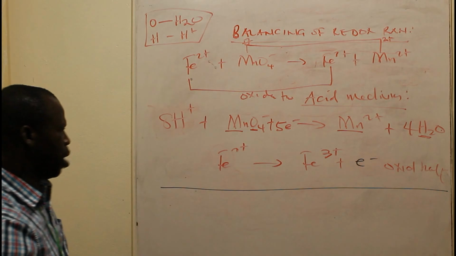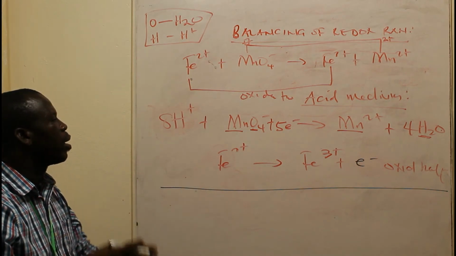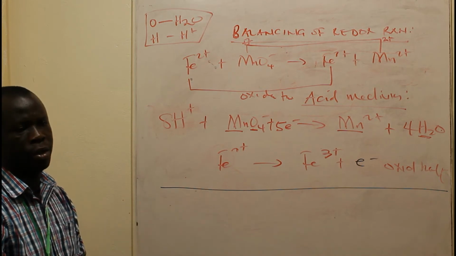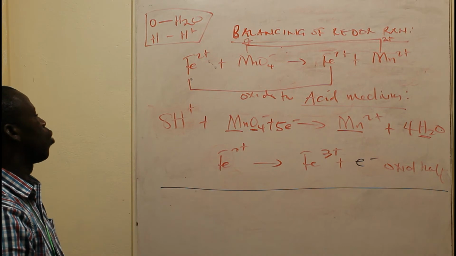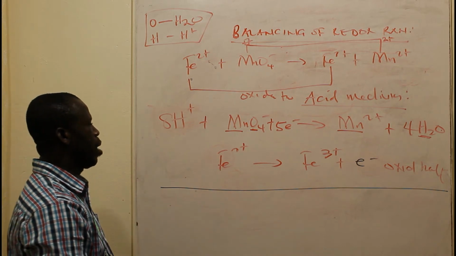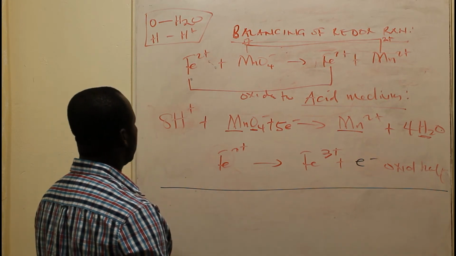Now, in a redox reaction, we don't allow electrons in the final reaction. So we have to do away with the electrons. How do we cancel the electrons?